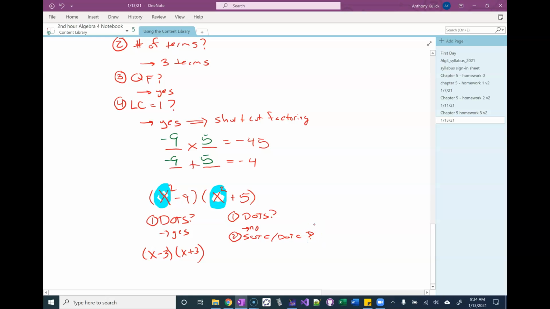Clearly not, right? Because the exponent is too small. It has to be at least 3. In fact, it has to be a multiple of 3, minimally, for that to work. So again, no there. So we can't do anything else with the x squared plus 5.